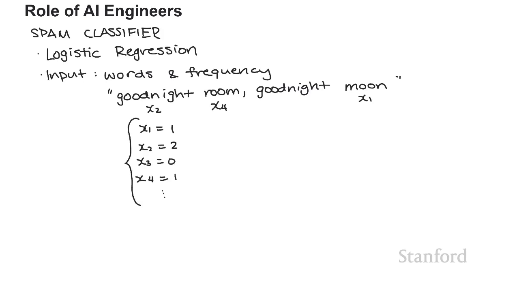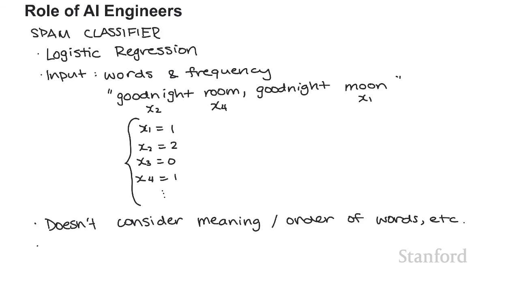The model doesn't consider the meaning of the words or the order they appear, etc. And the output would be the probability that something is spam.